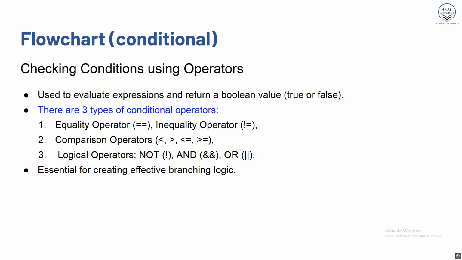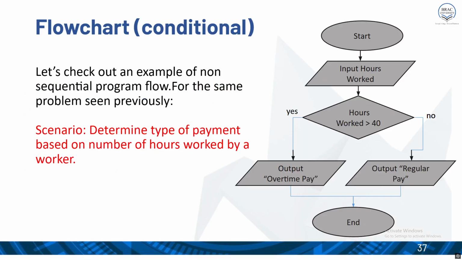It will return false only when both sides have a false statement. We have seen this problem during the non-sequential pseudocode problem. We take the hours worked by the worker as user input, and if it is greater than 40, an overtime pay message will be printed, and if not, a regular pay message will be printed.